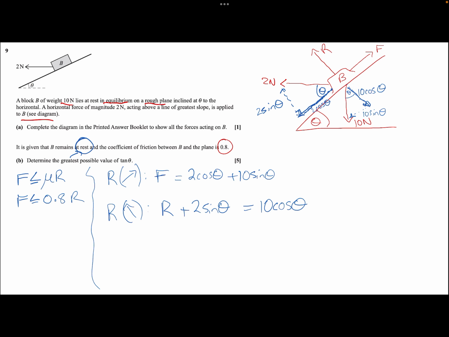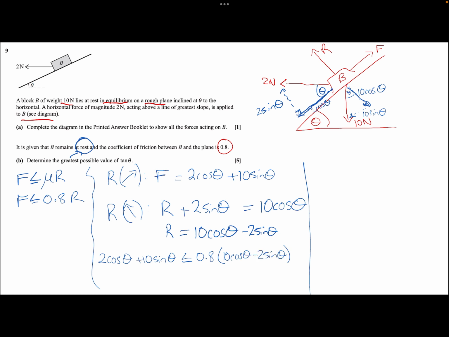Let's plug everything into my F is less than or equal to 0.8 times R now. Just rearrange this first. That's 2 sine theta. So we're going to have that 2 cos theta plus 10 sine theta is less than or equal to 0.8 multiplied by R, which is 10 cos theta minus 2 sine theta.